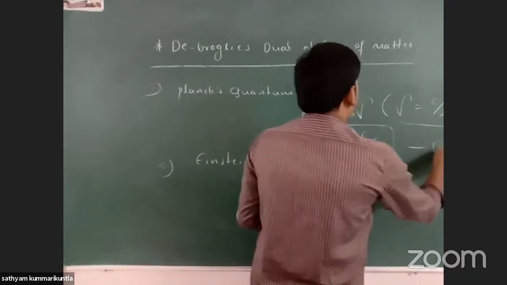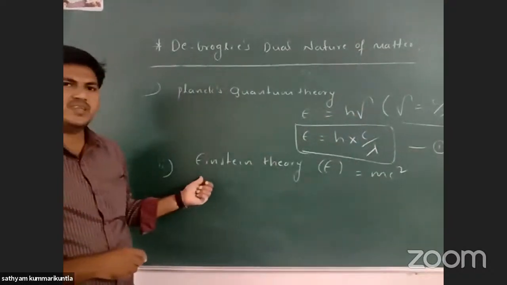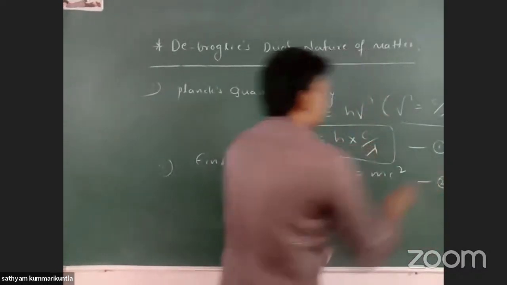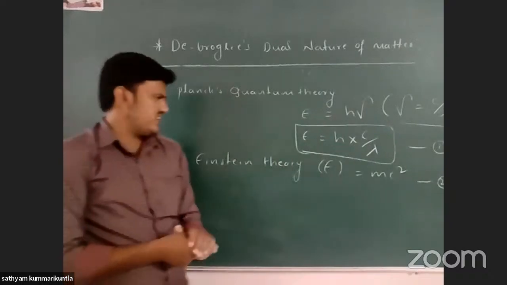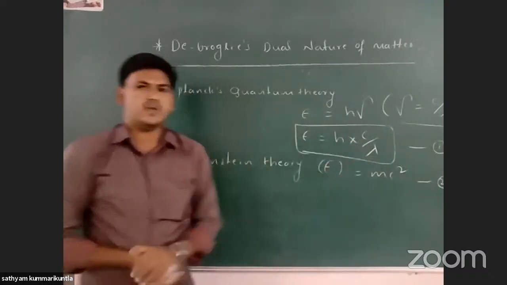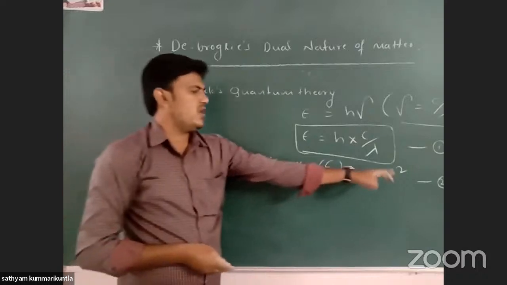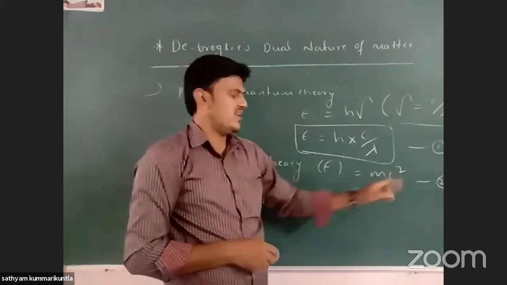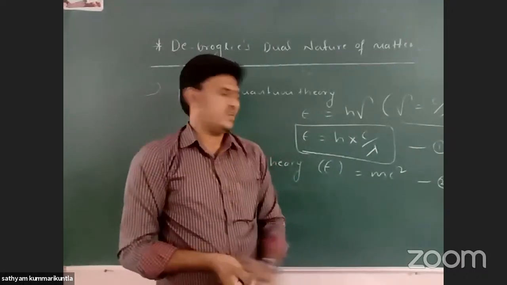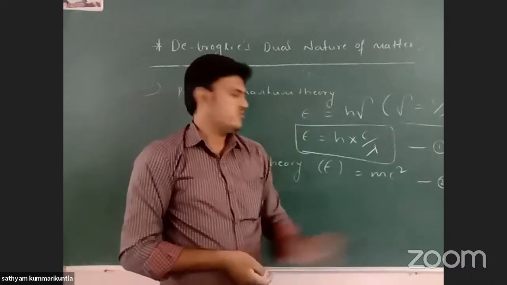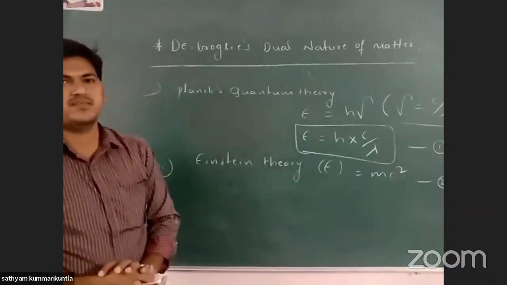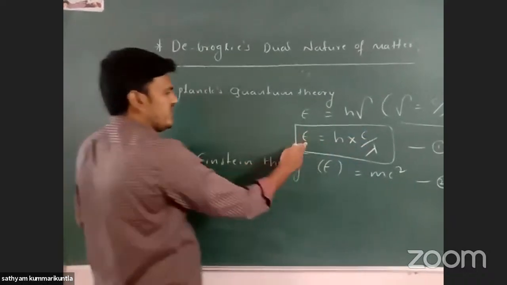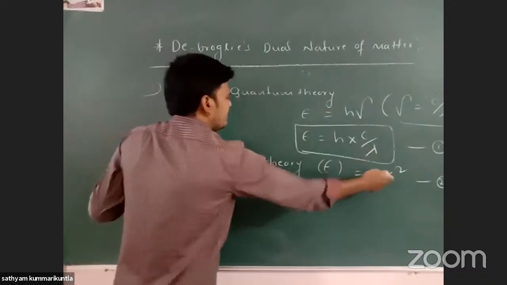The second equation, from Einstein's theory, is E is equal to mc square, where E is total energy, m is mass of the electron, and c is velocity.